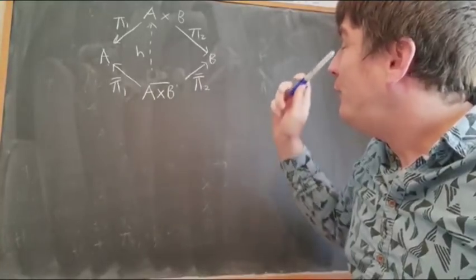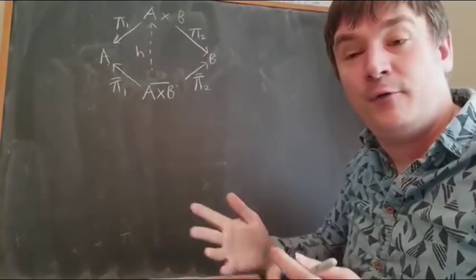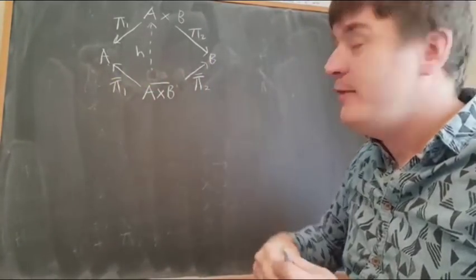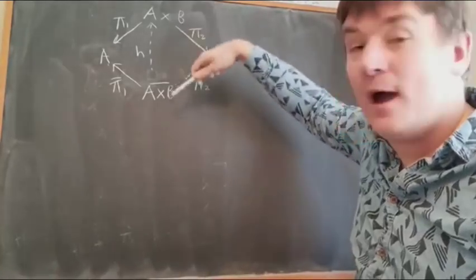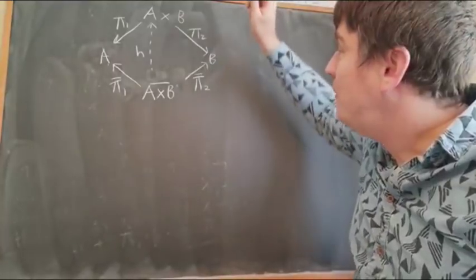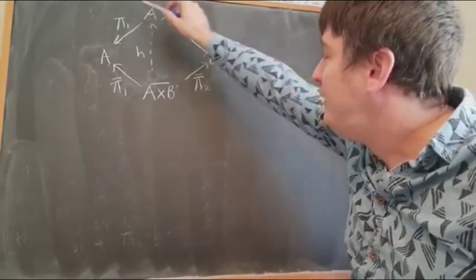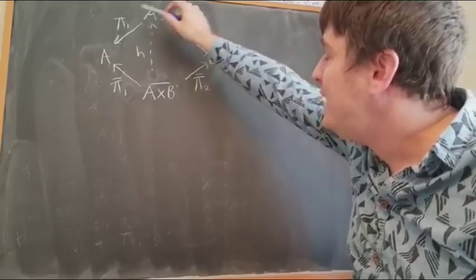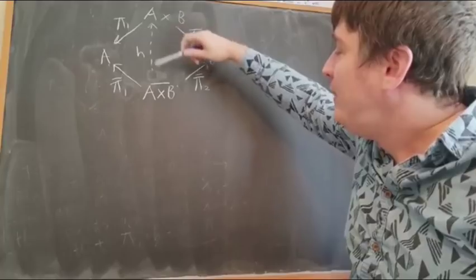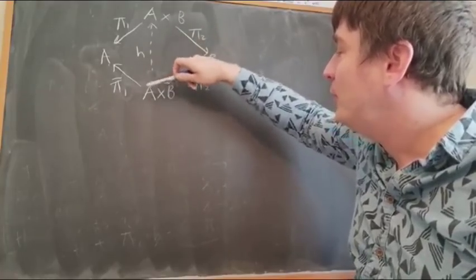So I want to show you that if we have two objects and they are both categorical products of A and B, then these two objects have to be isomorphic. We're going to start by thinking about things from the perspective of this product here, A times B. Now, it sees this other thing here as a candidate product.